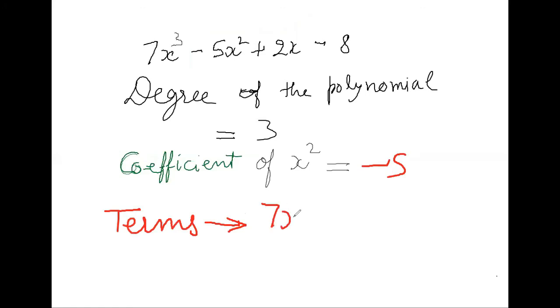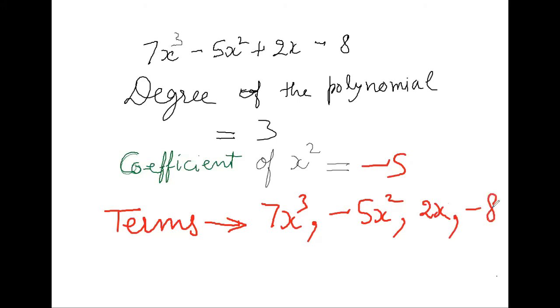First term is 7x cube. This is the first term, one term. Second term is minus 5x square. I hope you are writing. Third term is plus 2x. And the last term is minus 8.